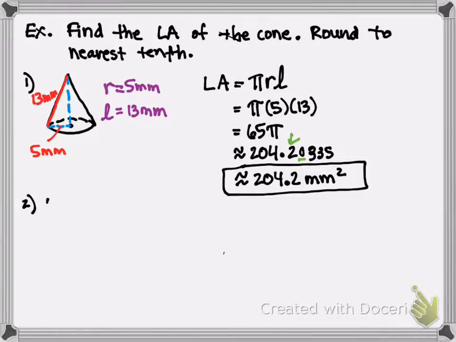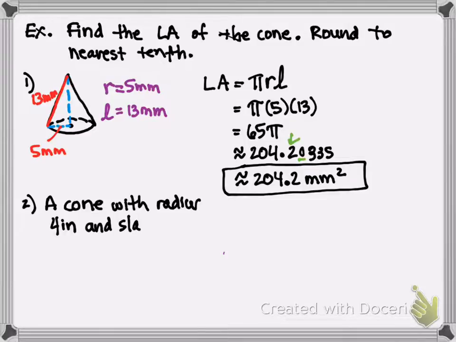We have a cone with radius 4 inches, and slant height of 9.5 inches.